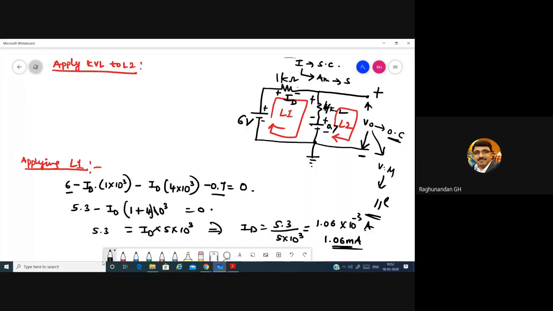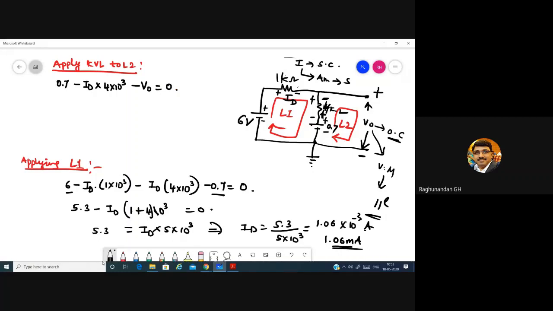When you apply KVL to loop 2, the loop is in this clockwise way, minus to plus, plus 0.7. Coming here, the entering point is this one, plus to minus. Don't consider this one, we are considering this way. That's why plus to minus is minus ID into 4 into 10 to the power of 3. Coming to this, this point is positive, this point is negative, plus to minus, minus V naught is equal to 0.